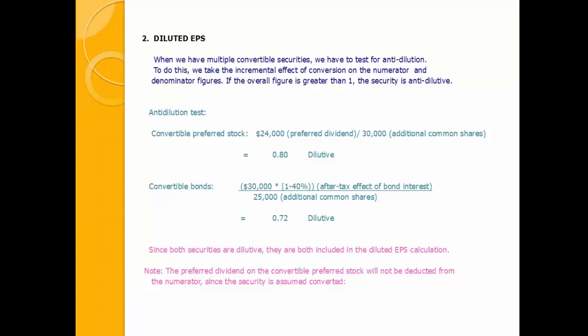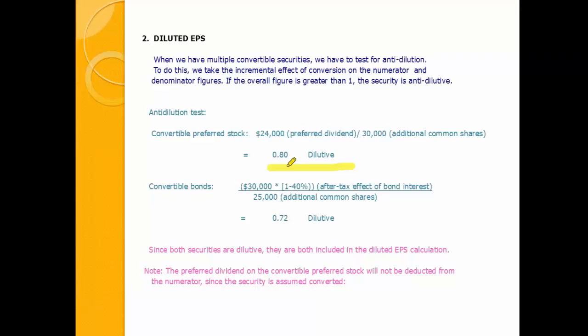There was only one bond that was convertible. The preferred stock was convertible into an additional 30,000 shares, and the dividends associated with that preferred stock were $24,000. So $24,000 divided by 30,000 gives us a dilutive factor for the convertible preferred stock of 80 cents. Notice there's no tax effect on the preferred stock.